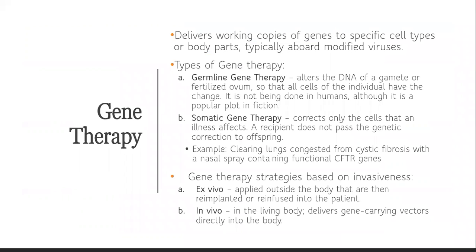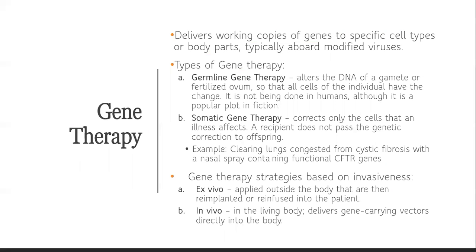So gene therapy delivers working copies of genes to specific cell types of our body parts, typically aboard modified viruses. There are two types of gene therapy, the germline gene therapy and the somatic gene therapy. In germline gene therapy, it alters the DNA of a gamete or fertilized ovum so that all cells of the individual have the change.